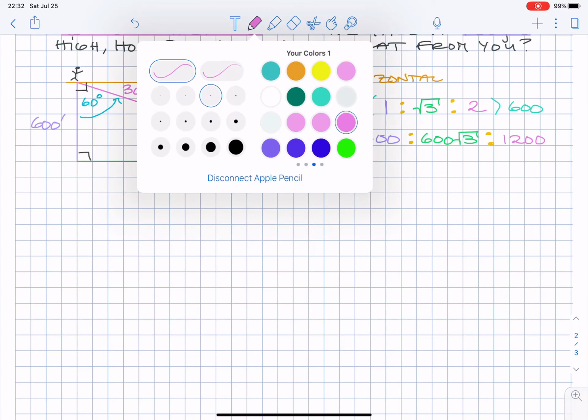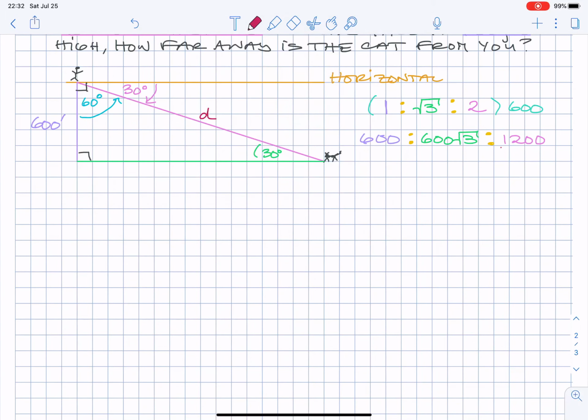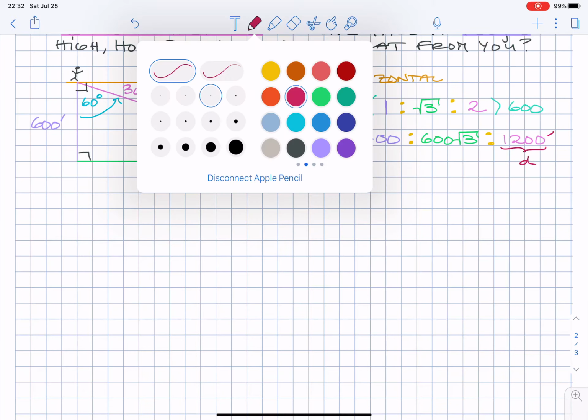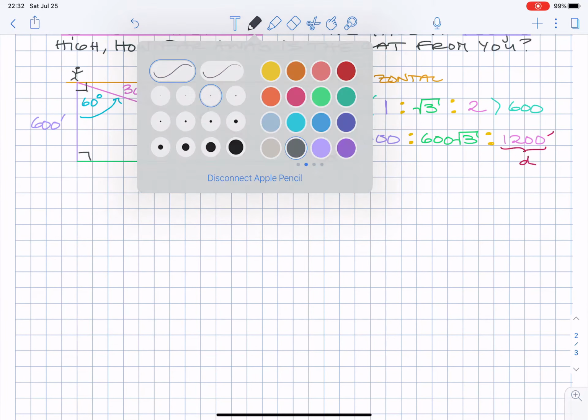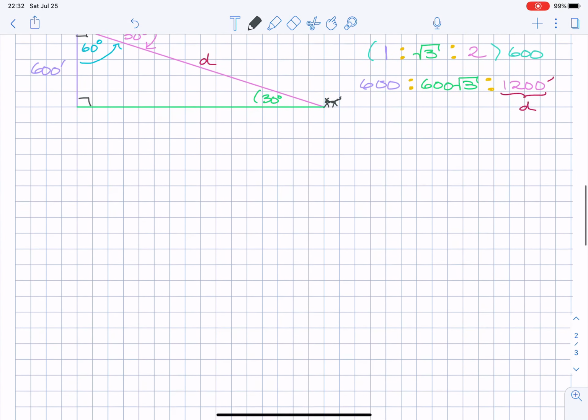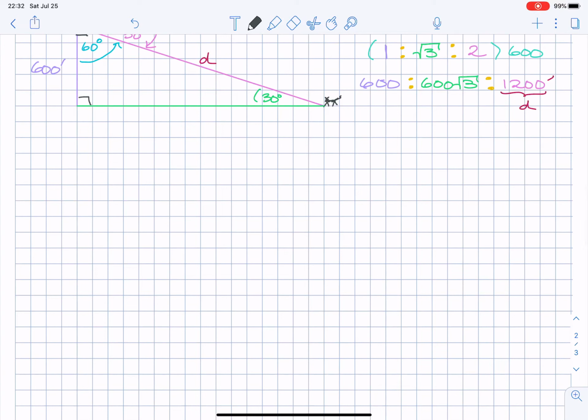So this is my distance D. So the hypotenuse D is 1200. So the cat is 1200 feet away. Okay. So hopefully that makes sense. Let's do another example. Okay, lots of writing for a very simple answer when all is said and done.